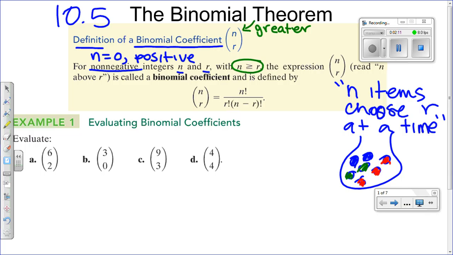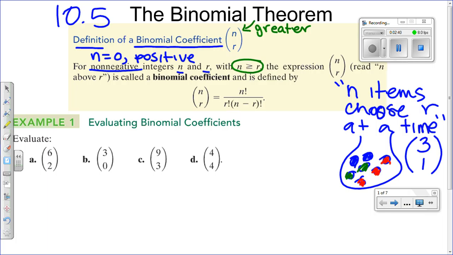If we wanted to know, for example, how many ways could you choose one of those marbles and just get a red one, then you would say something like, out of 3, I'm going to choose 1. So that is just one of the applications to it. But before we get to those, we're just going to learn how to do it by hand, and then I'll show you with the calculator.